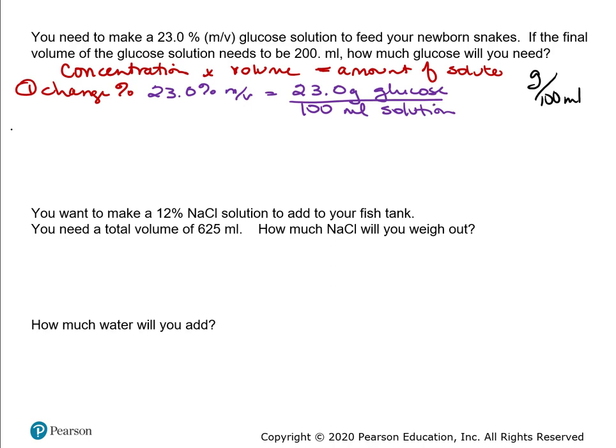So you'll just write it out. Concentration, 23.0 grams of glucose divided by 100 mils of solution, times the volume, and I want 200. milliliters exactly. Do you see that milliliters and milliliters are the same? So my units in volume are both the same. I don't have to do any converting. These units will cancel.